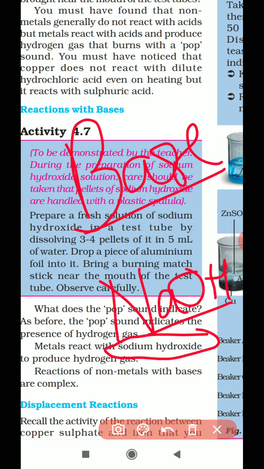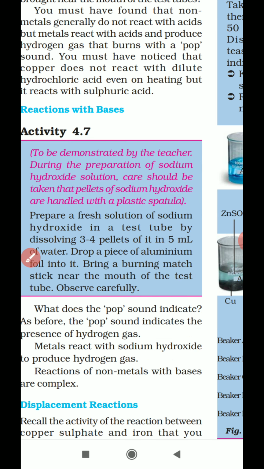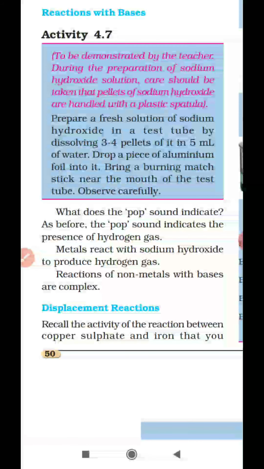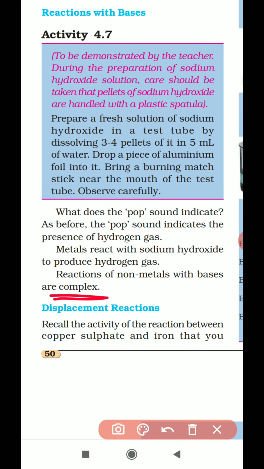When a metal reacts with a base, we will be getting a salt as well as hydrogen, as in the case of reaction with acids. In the same way, we will be getting a pop sound, which indicates that hydrogen gas is liberated when metal reacts with a base. But the salt will be very complex. The salt products are complex.